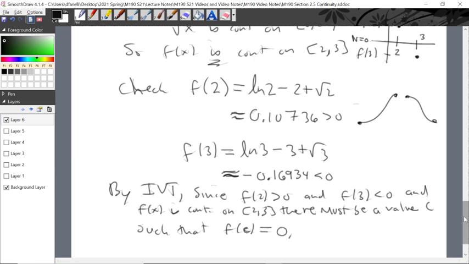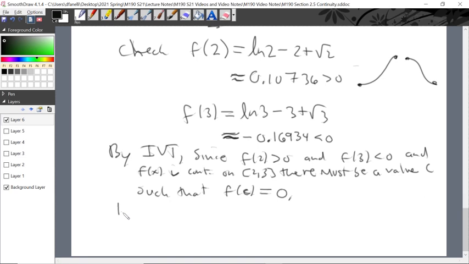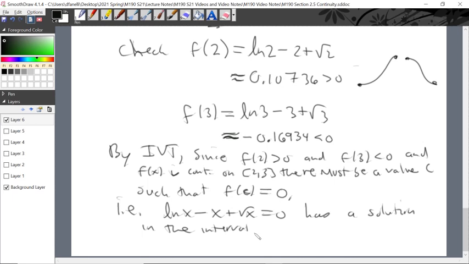And if f of c is equal to 0, i.e. the equation natural log of x minus x plus the square root of x is equal to 0, it must therefore have at least one solution contained within the open interval from 2 to 3.